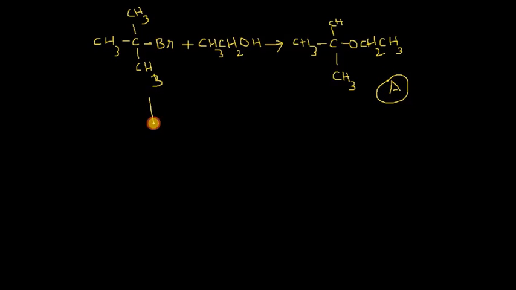Let us see the other one. What they are asking is in the presence of sodium ethoxide. What is sodium ethoxide? That is CH3CH2ONa, which is sodium ethoxide, also present in ethyl alcohol. Actually, it is a strong base.